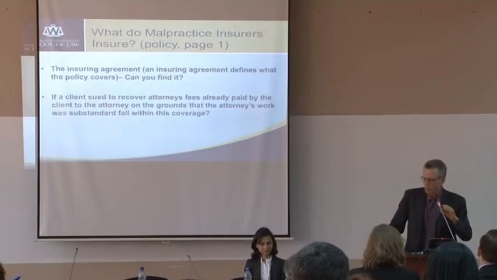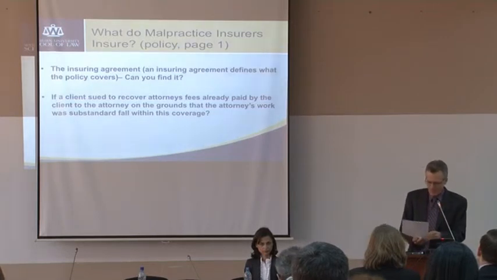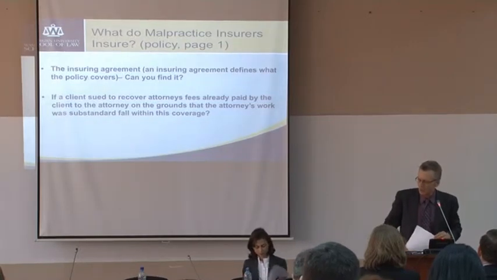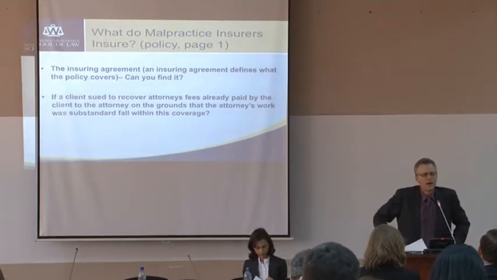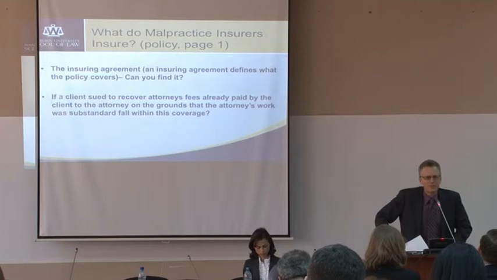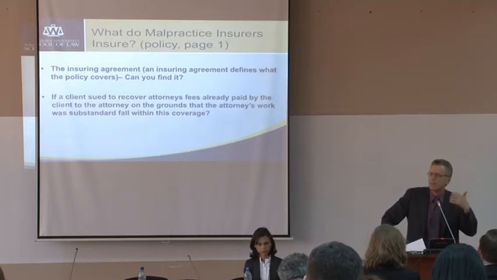All right, so what is it that is insured by a malpractice policy? If you flip to the first page of the insurance policy that I've given you, you can find what insurance lawyers would call the insuring agreement. We think of insurance policies in the United States as having four parts. They have the declarations, that's the policy limits and the premium information.